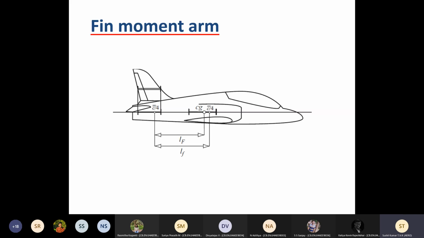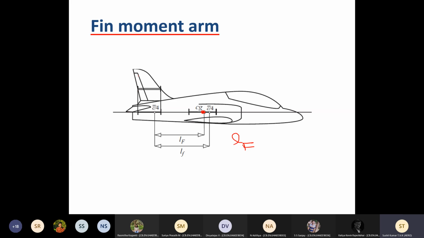For directional control, we have the fin moment arm. Earlier it was the tail moment arm, now it is the fin moment arm. It is l with the subscript capital F. The reference is taken from the CG up to the quarter chord of the mean aerodynamic chord of the vertical fin. You consider all vertical fins to be symmetrical aerofoils.